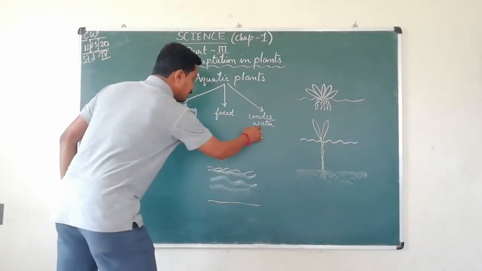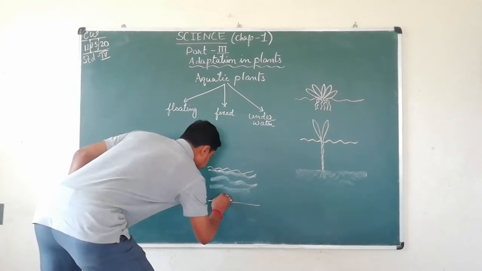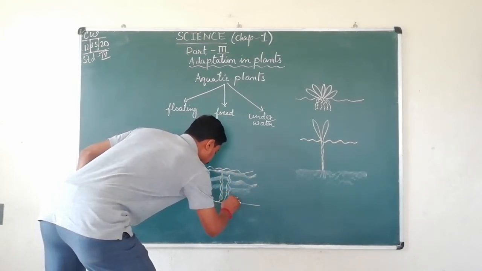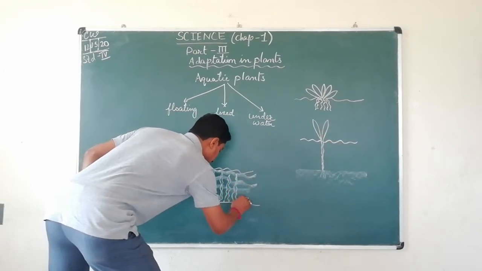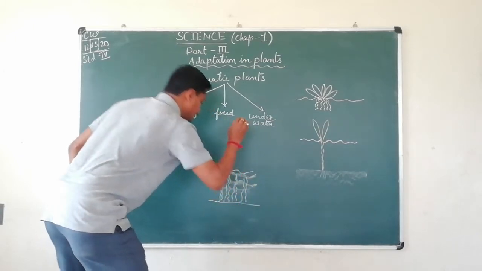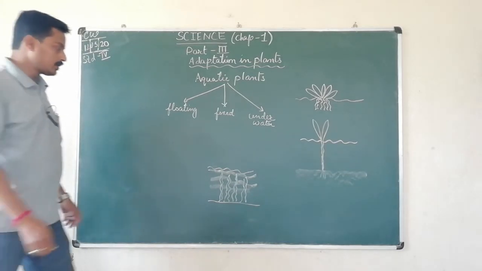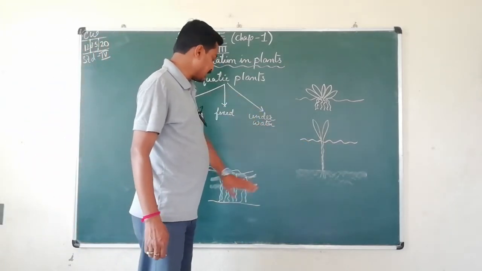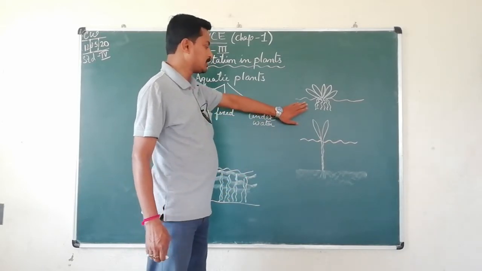Now this plant will grow over here, in this way. Now you can see and find out the difference from the diagram that I have drawn over here. This is a simple diagram.